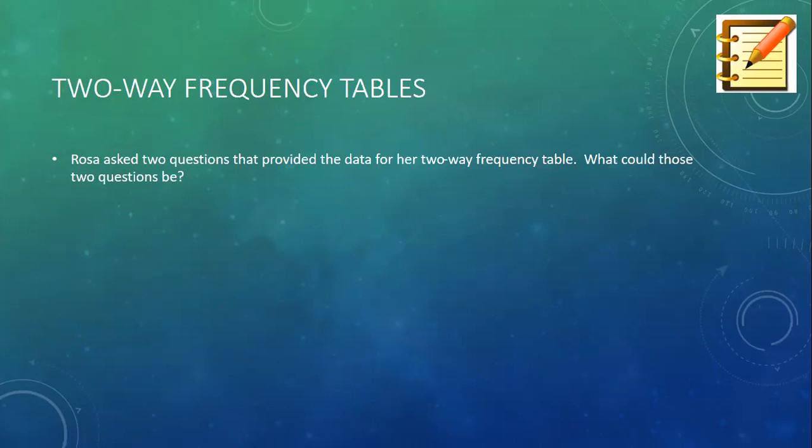What do you think the 2 questions had to be for her to get that information? So she wanted to know stuff about cats and stuff about playing instruments, right? What are 2 questions that she could ask to find out? What's a question she could ask to find out if the kids owned a cat?